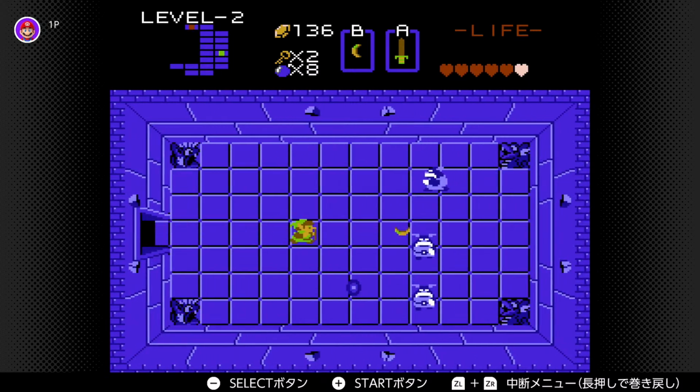Of course, a stronger sword would definitely help, but we didn't go for it for now. Okay. Okay. Nice, we got a heart at least. Let's defeat this one. Okay, and so we get the stronger boomerang.